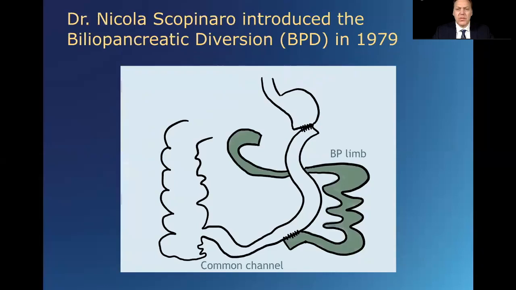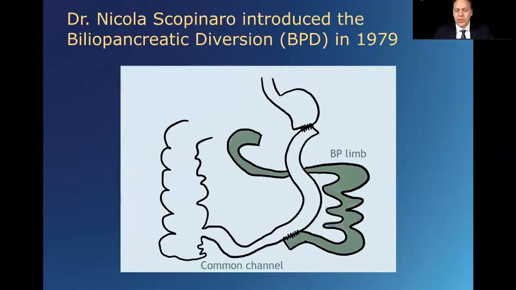The distance from the first connection, which you see in the picture here, to the second connection is called the Roux limb. The distance between the second connection and the large bowel is called the common channel. In Dr. Scopinaro's operation, the common channel is short, between 50 to 75 centimeters.